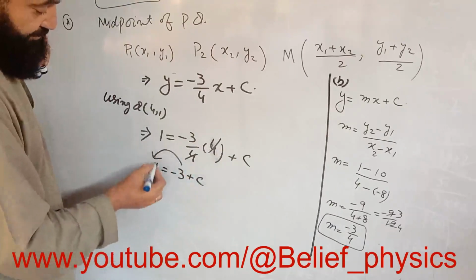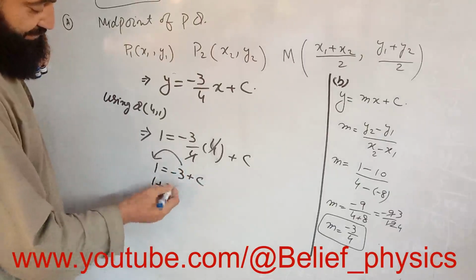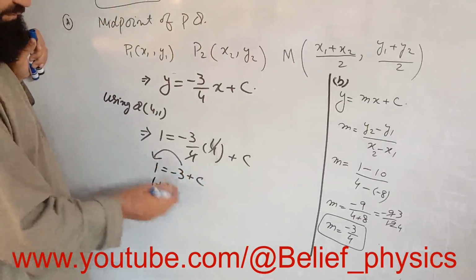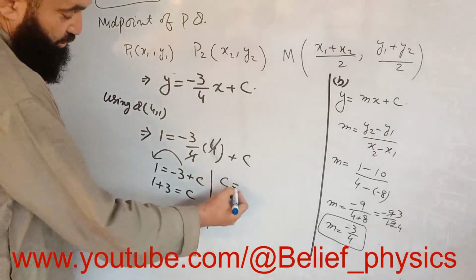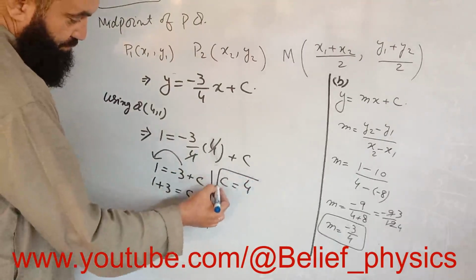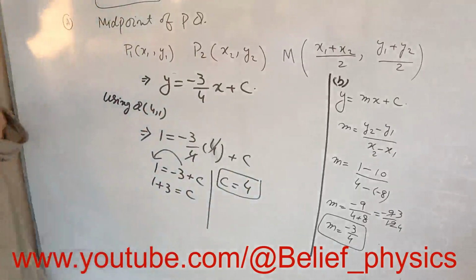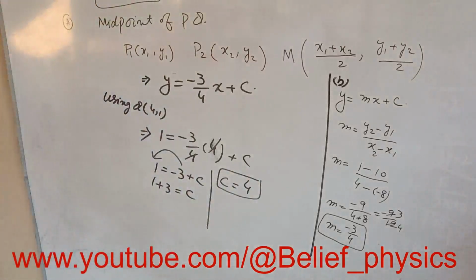3 is shifted here, so we get 1 plus 3. This is minus here, it will become plus here. It will become equal to c. So we will have c is equal to 4. Now put this value of c in the given equation, which is y equal to minus 3 over 4 x plus c.